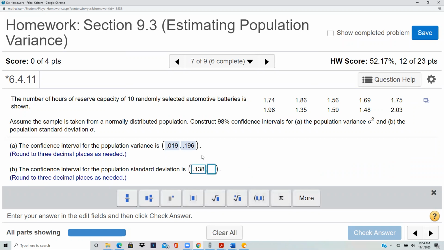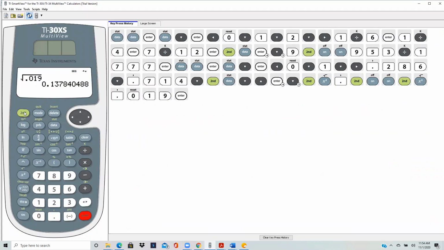And then the square root of 0.196 is 0.443.